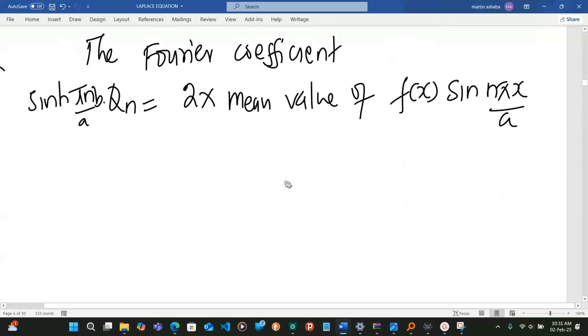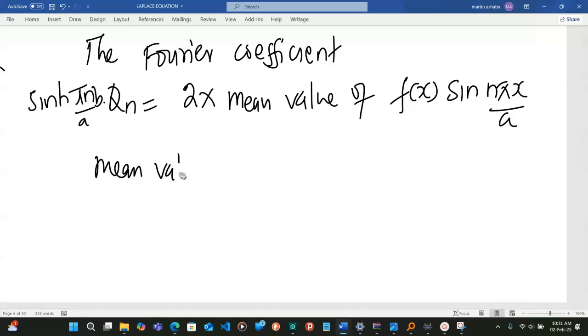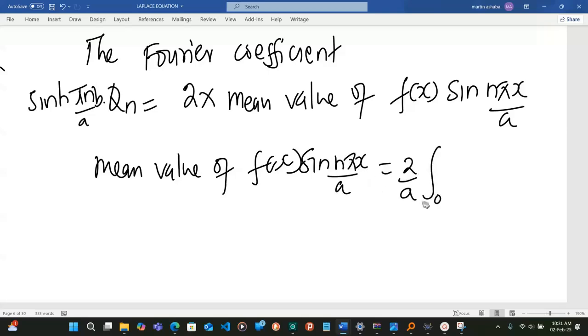So meaning, if we know that the mean value of f(x) sin(nπx out of a) is 2 out of a integrating from 0 to a, f(x) sin(nπx out of a) with respect to x, obviously.